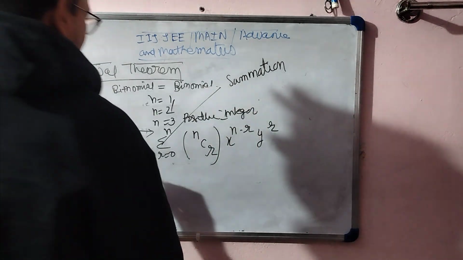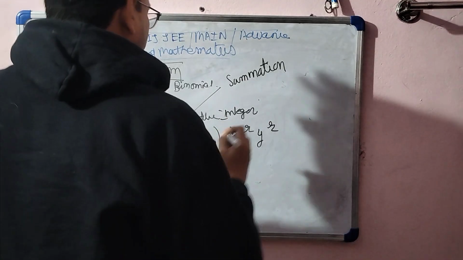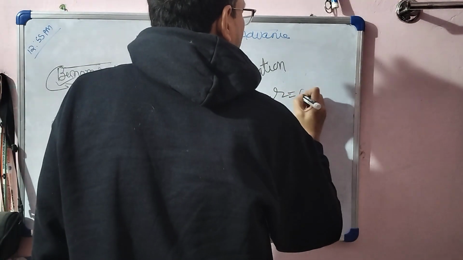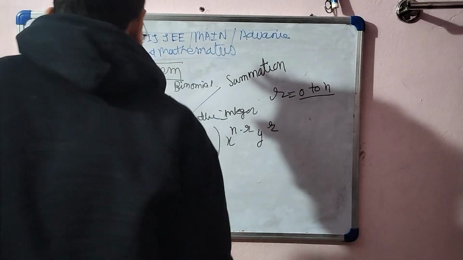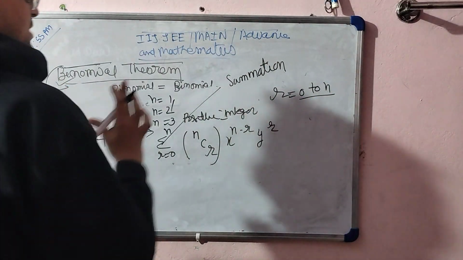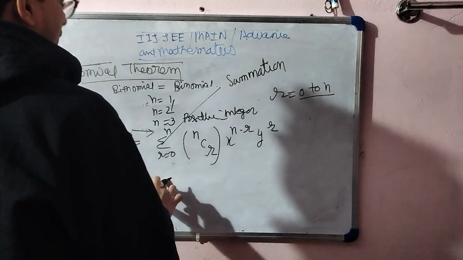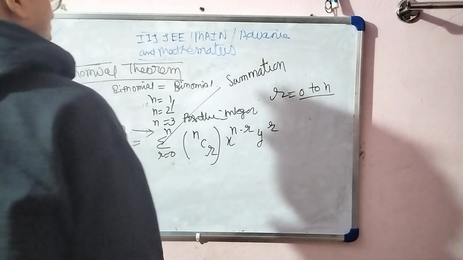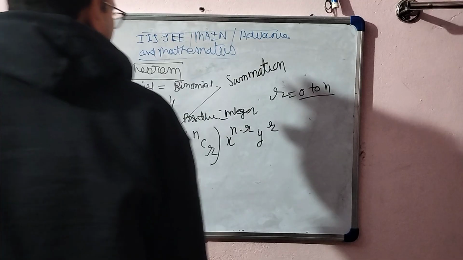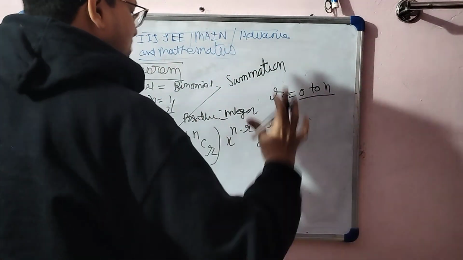Where r is 0 to n. The formula expansion is sigma r equal to 0 to n nCr x to the power n minus r y to the power r. In that formula, put the values of r from 0 to n and add them. First, r equal to 0: nC0, then x to the power n minus r, where n is n and r is 0, so it becomes x to the power n.